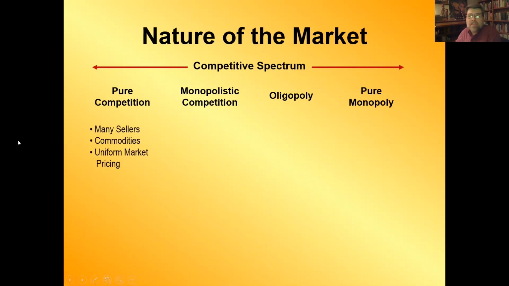Pure competition is where there are many sellers of a given product. In fact, the product is essentially a commodity, and by a commodity, what I mean is essentially there is no difference between my offering and your offering and anyone else's offering.